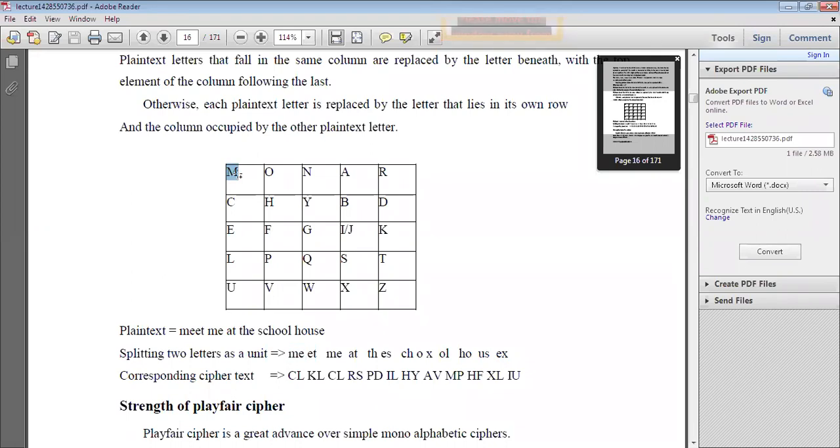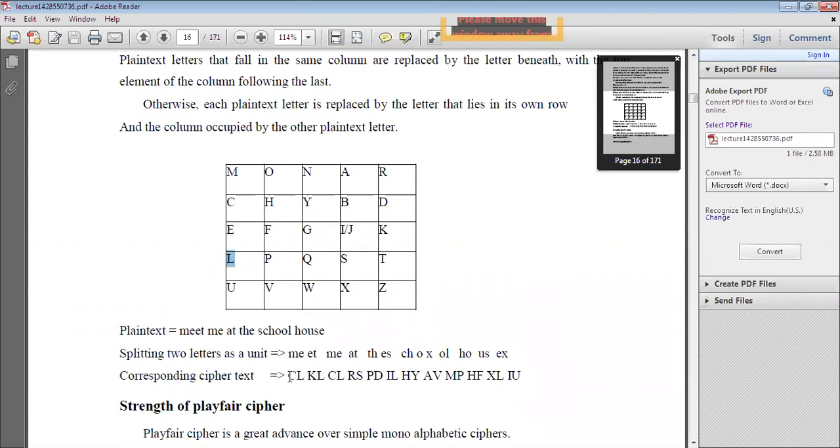Based on that, the appropriate text will be assigned. For example, here this is M, and the second letter is E. These two letters are in the same column. Whenever the 2 letters are in the same column, the next letter in the column is considered as the ciphertext. So in place of M, I replace it with C, and in place of E, I replace it with the letter L.